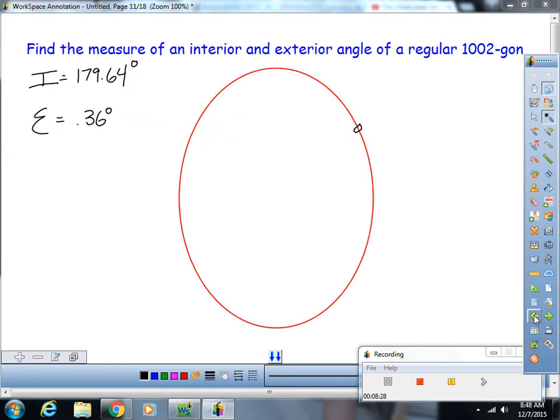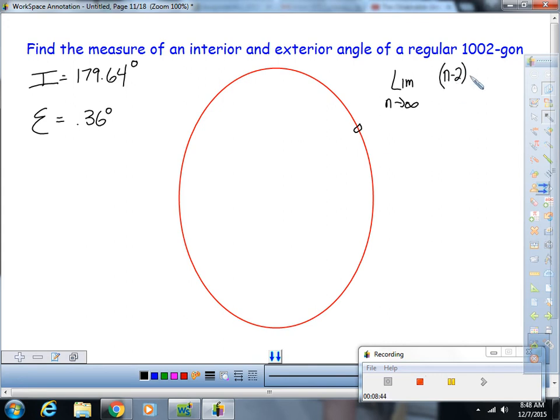And so that means that the limit as n approaches infinity of n minus 2 times 180 divided by n is equal to 180 degrees. That's a calculus problem right there.